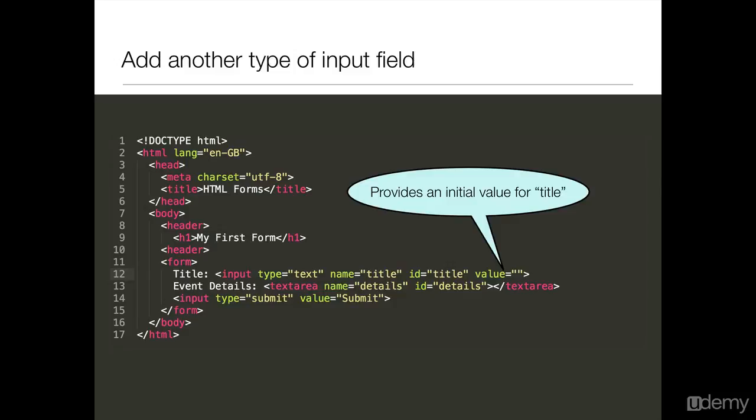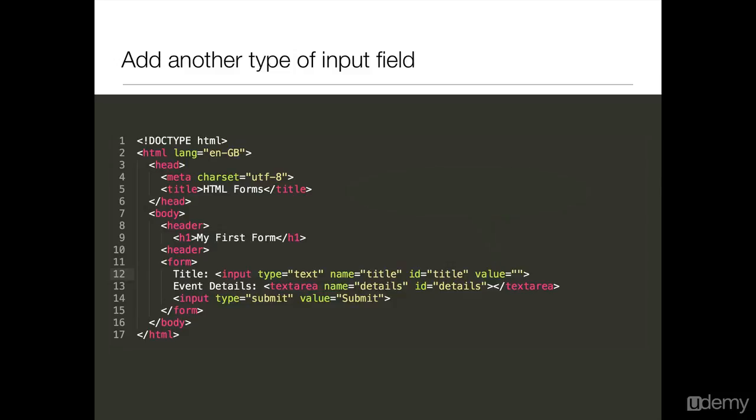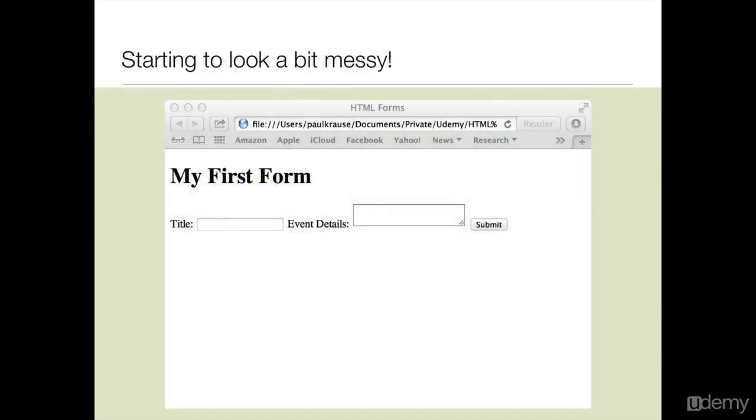So, another input field, and let's take a look at that. And now things are beginning to get a little bit uncomfortable in terms of styling, because as we're adding more input fields, we're just going to get a long line with no structure to the form at all.